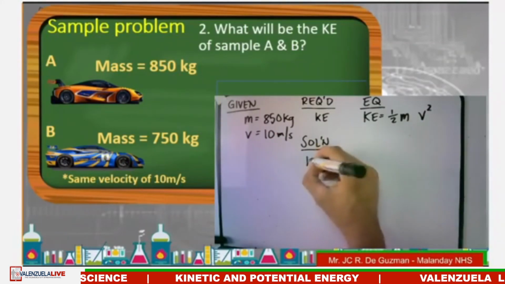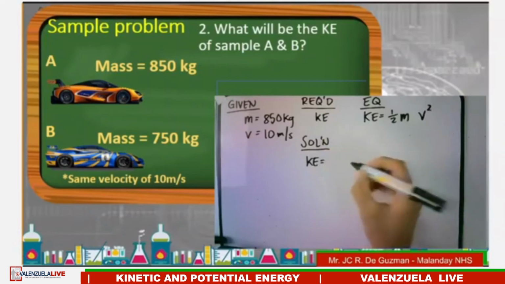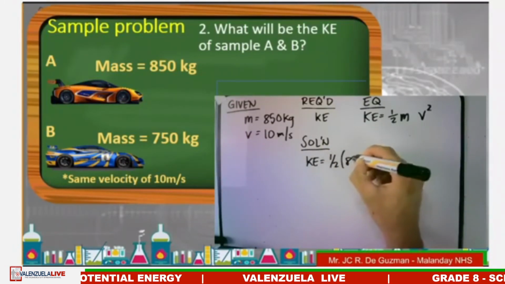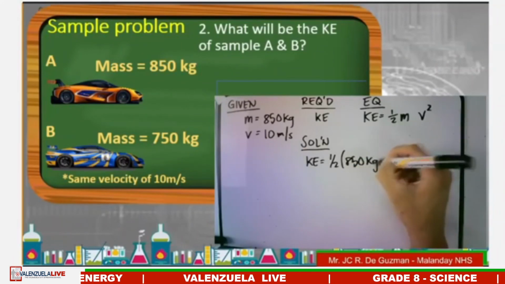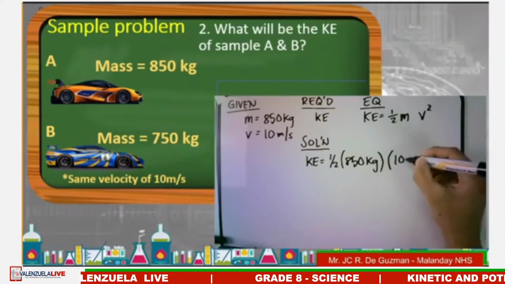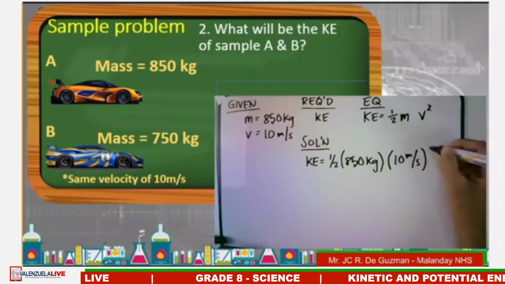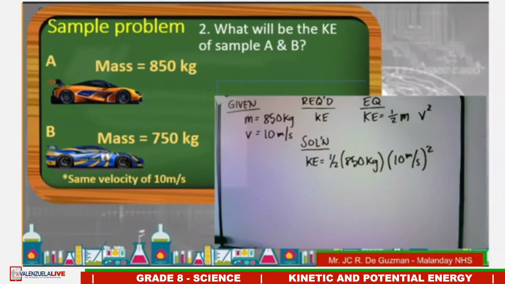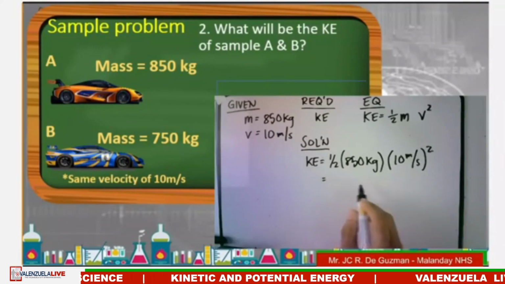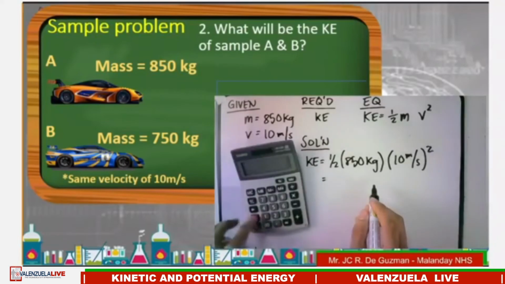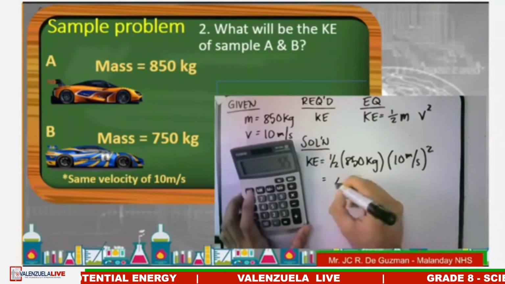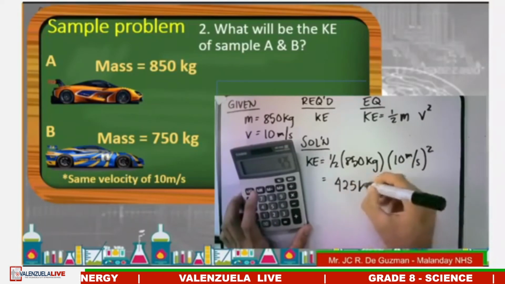So we have kinetic energy is equal to 1/2 of 850 kilograms, then multiplied by the square of 10 meters per second. Okay, so we need to get the half of 850. 850 divided by 2 would give us 425 kilograms.